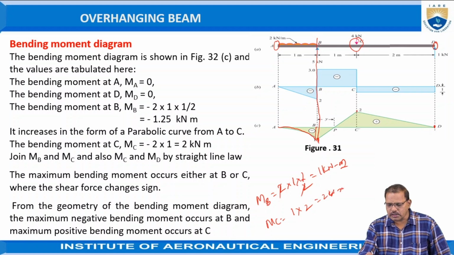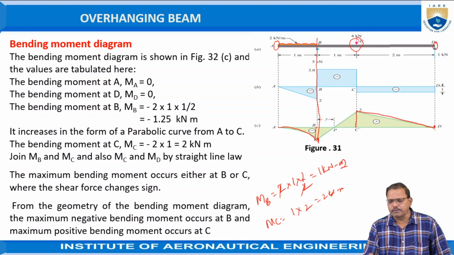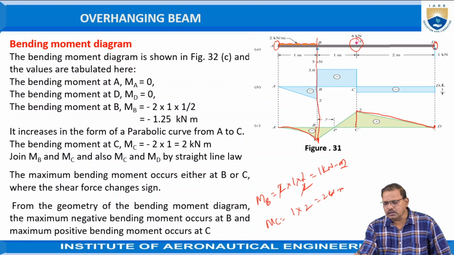So from C draw a vertical line, using straight lines to represent the variation of the bending moment from D to C. Again, there is no force acting between C and B, hence join the points using the straight line law. This diagram is known as the bending moment diagram.